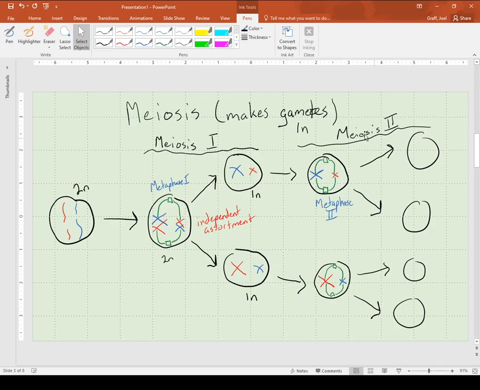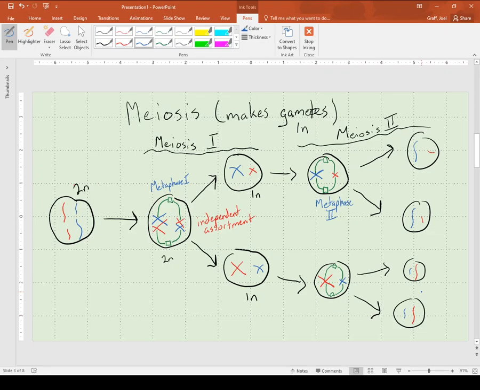So then what you end up with in the end is a short red chromosome, a short red chromosome, a long red chromosome, a long red chromosome, and then a long blue chromosome, short blue chromosome, short blue chromosome.